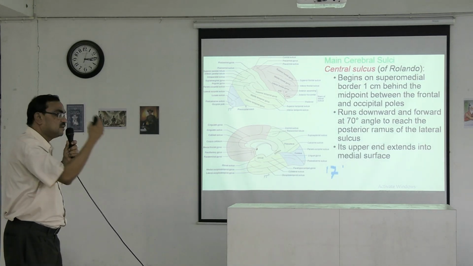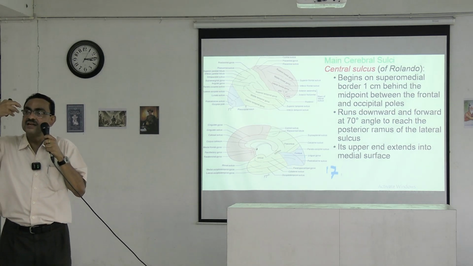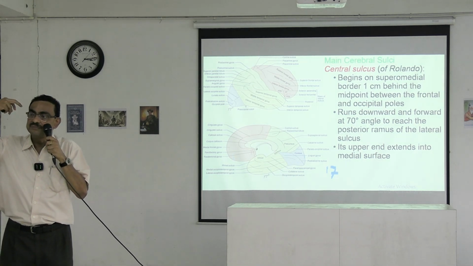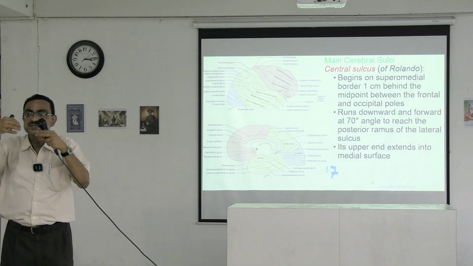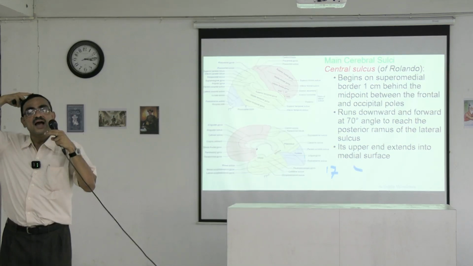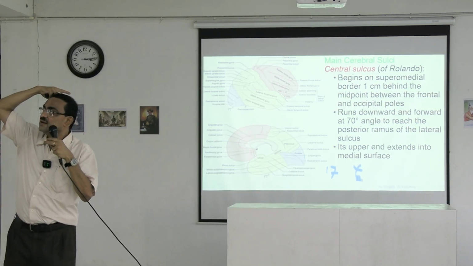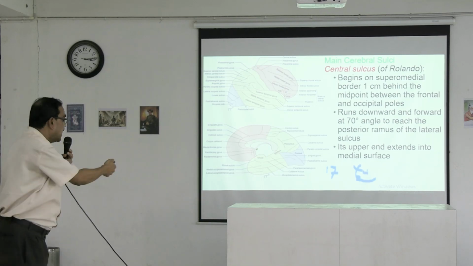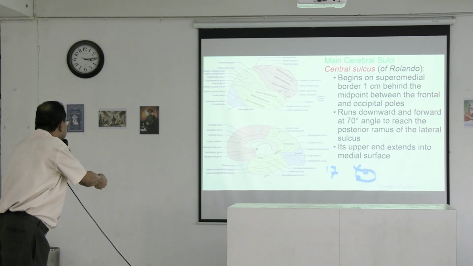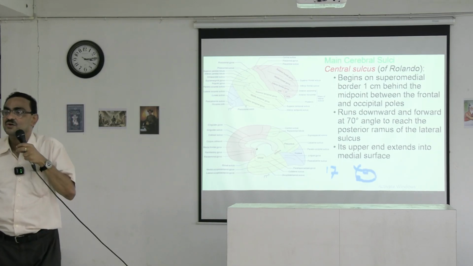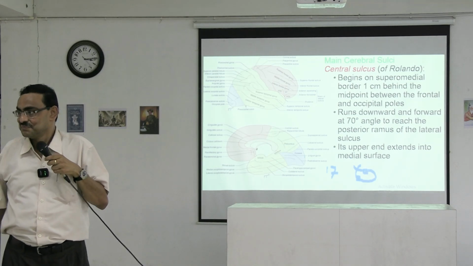From the retina of the eyeball, optic nerve, optic chiasma, optic tract, and lateral geniculate body. From there, ultimately, optic radiation, and it reaches the occipital lobe, area 17.